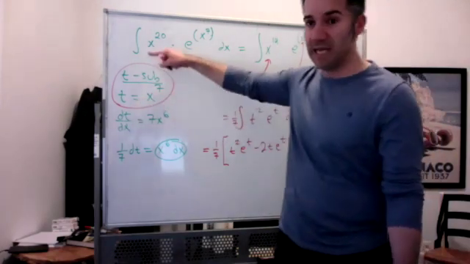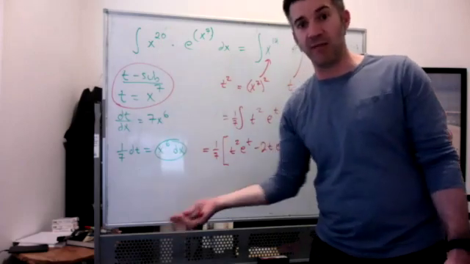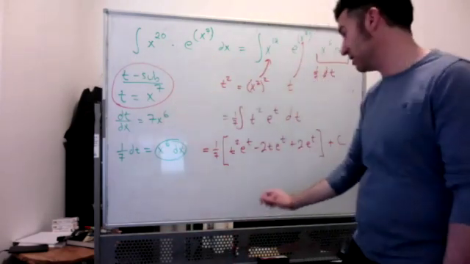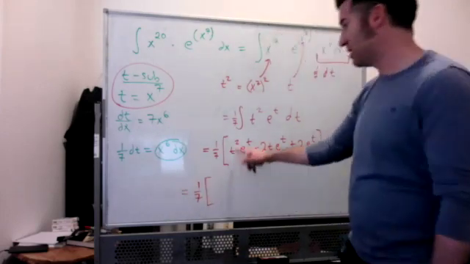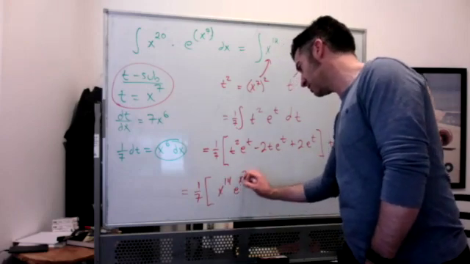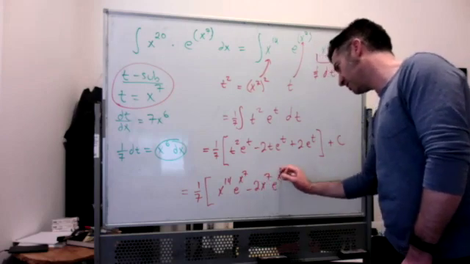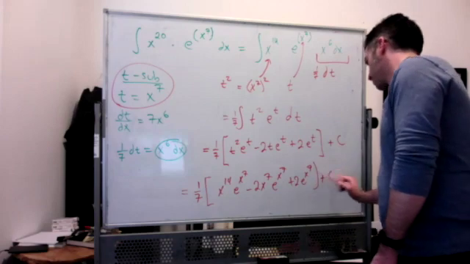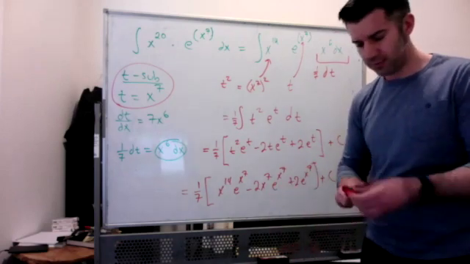Because since this is an indefinite integral, our answer needs to be a function in the same variable that we started with. So I have to go back and plug in x to the 7th for every t. So I'm going to get 1/7 times x to the 7th squared is x to the 14th times e to the x to the 7th minus 2x to the 7th e to the x to the 7th plus 2e to the x to the 7th. Whew. Good times.